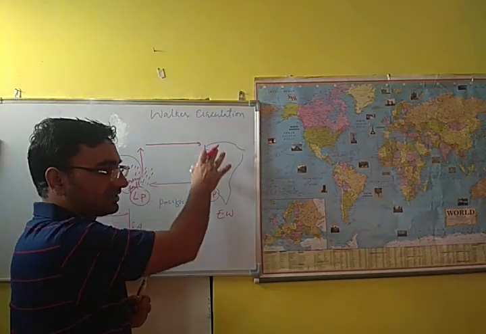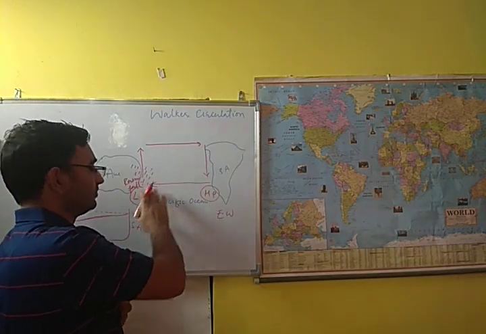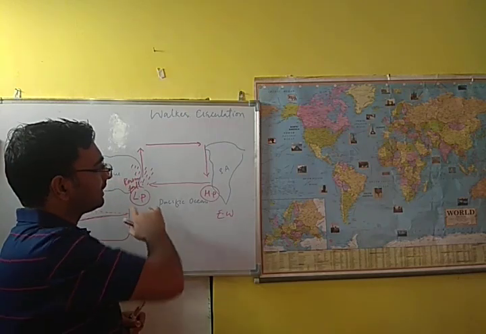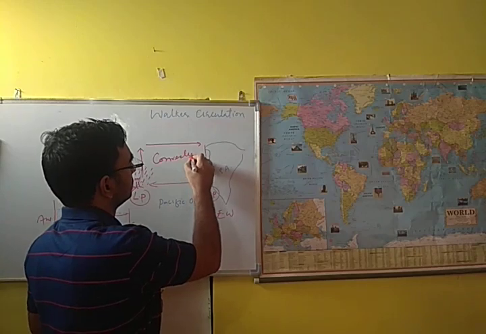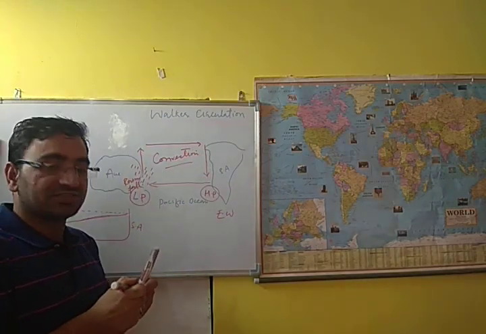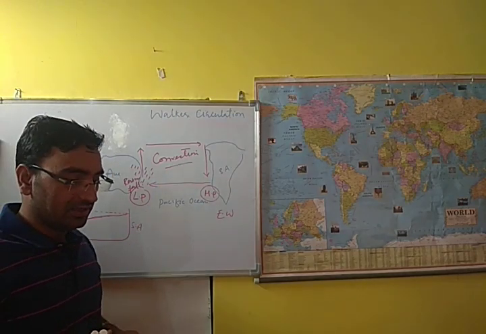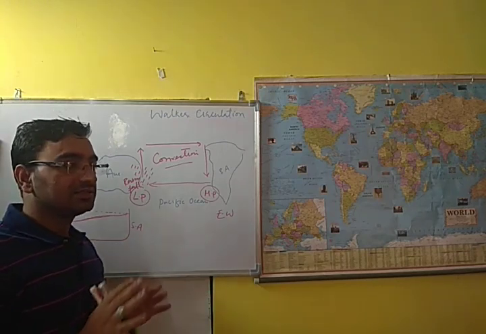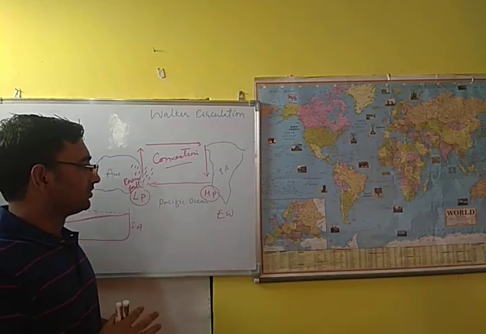So these winds are dry over here. There is a dry climate in this area, and a moist and wet climate in this area. So a complete loop, what we call convection, gets formed in the southern Pacific Ocean. This is actually what we call Walker circulation. This is the normal weather condition of the Pacific Ocean.